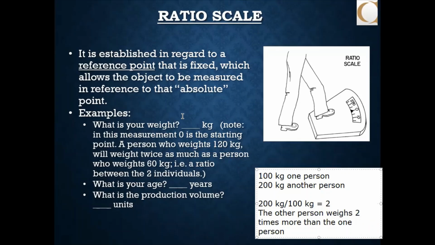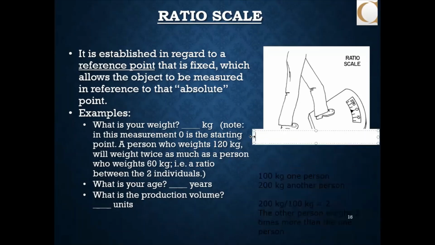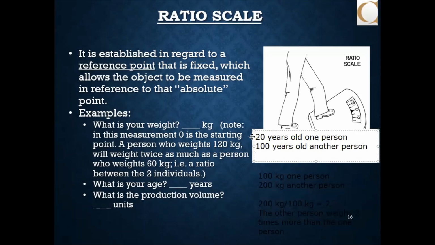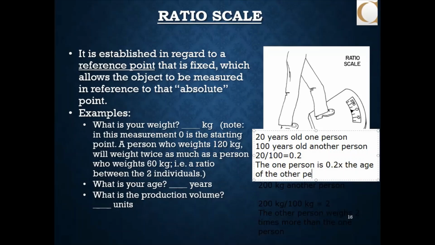And in age, let's say you're 20 years old, and the other person is 100 years old. 20 divided by 100 is 0.2. The one person is 0.2 times the age of the other person.